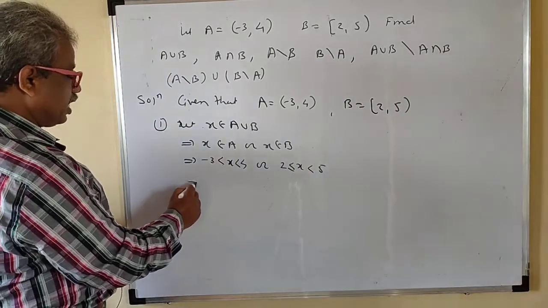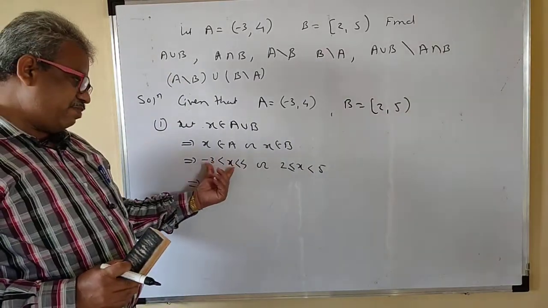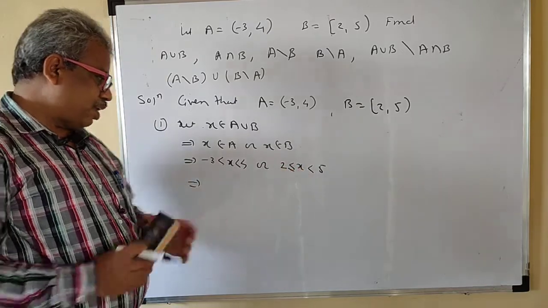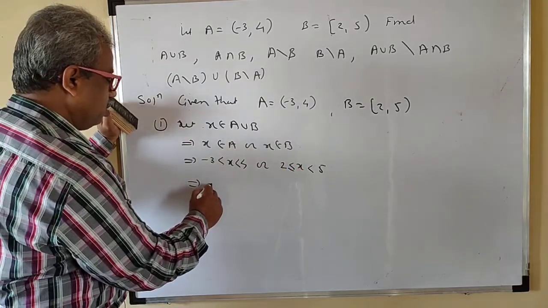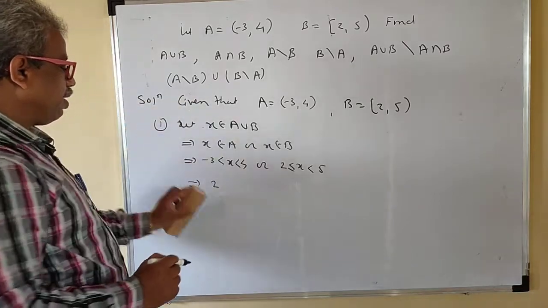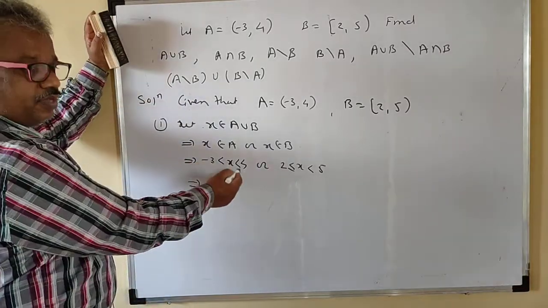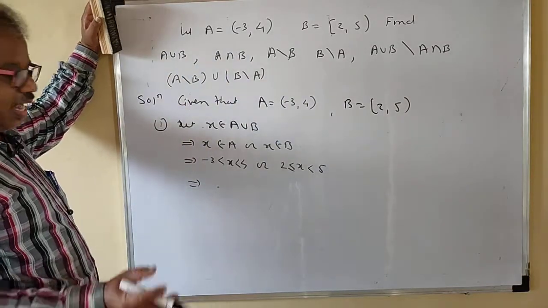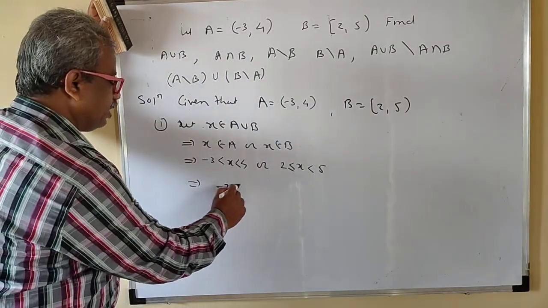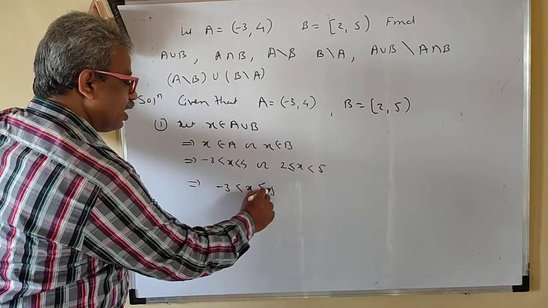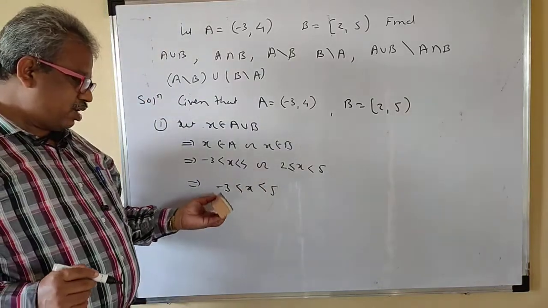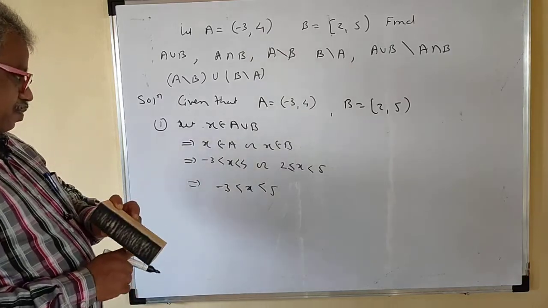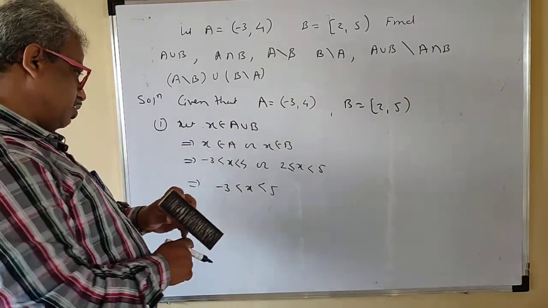Now see how these numbers lie between minus 3 and 4, and X lies between 2 and 5. For union, I have to take all the elements which lie in A and in B. So I can write minus 3 less than X less than 5.